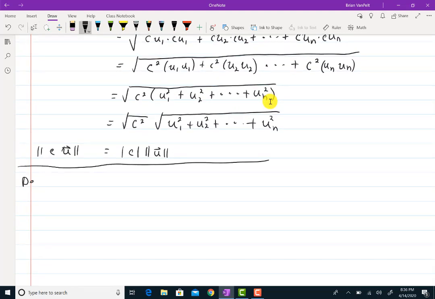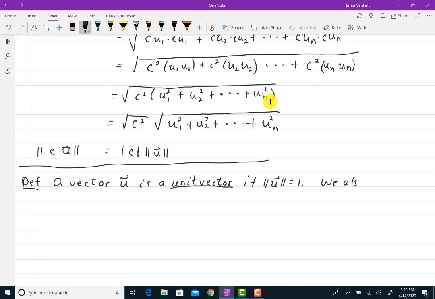Let me give you a definition. A vector u is a unit vector if the norm of u is equal to 1.